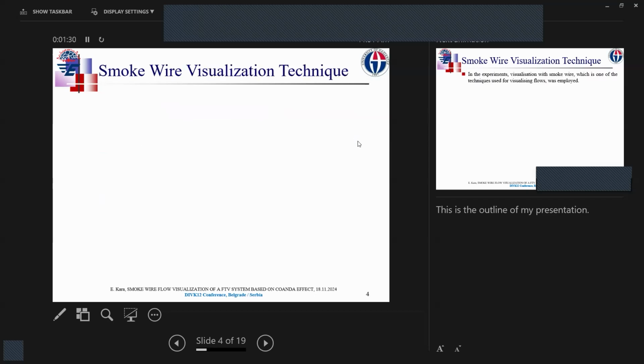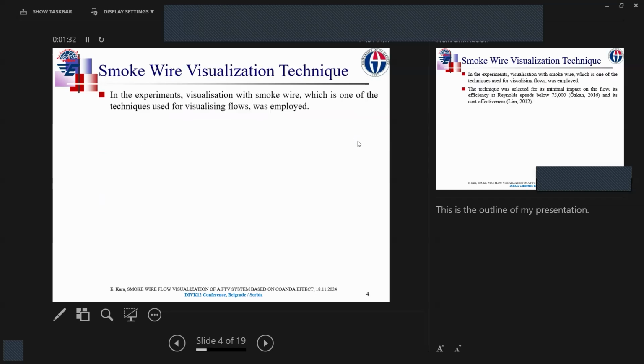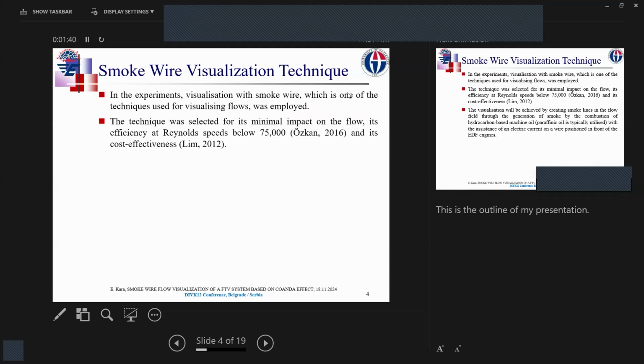So in the experiments of the visualization, smoke wire, which is one of the techniques for visualizing flows, was employed. The technique is selected here for its minimal impact on the flow. There is no physical standing part, only a wire.